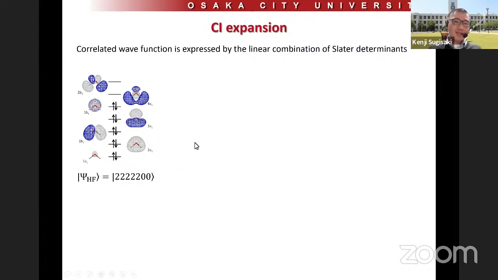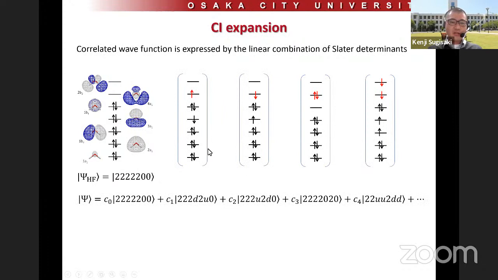If we apply a CI expansion, the wave function can be something like this. The Hartree-Fock state has some one-electron excited configurations, two-electron excited configurations, and so on, up to, in this case, four-electron excited configurations.